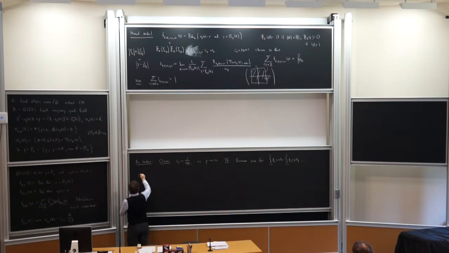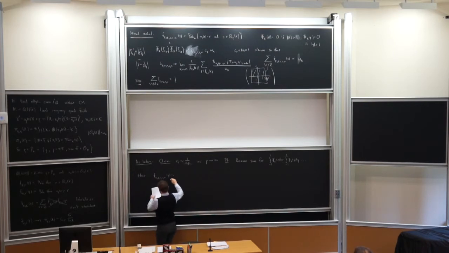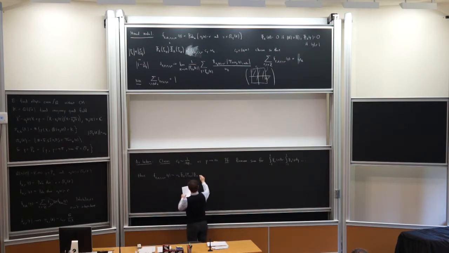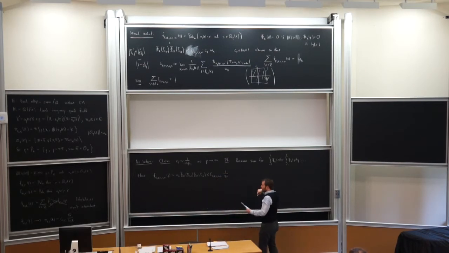So thus, this F, E, K, R, S, N of P is asymptotic to something, omega K, phi E of... so I did all that just to write this. Okay. As P goes to infinity.